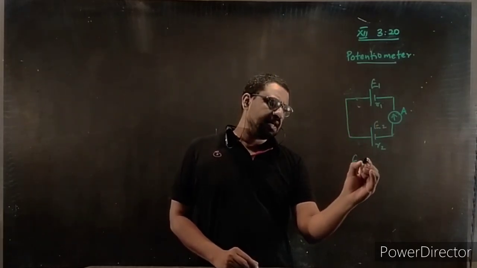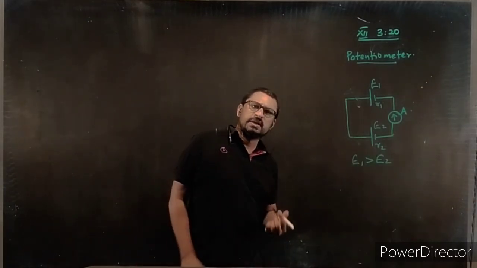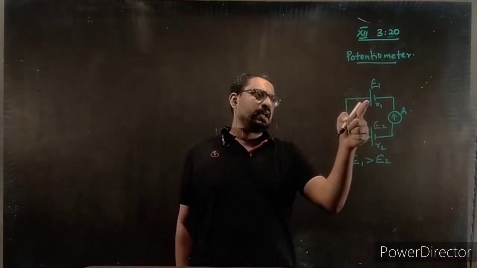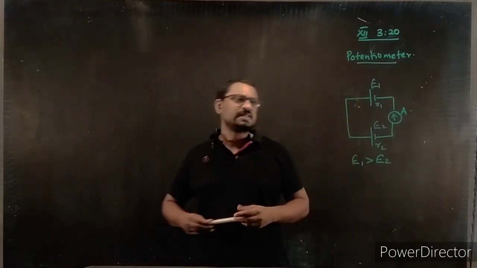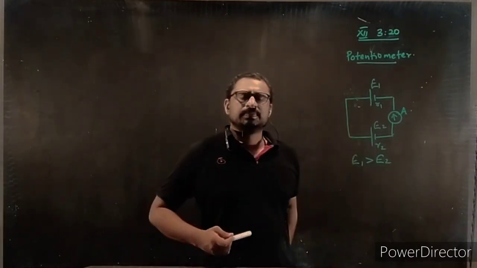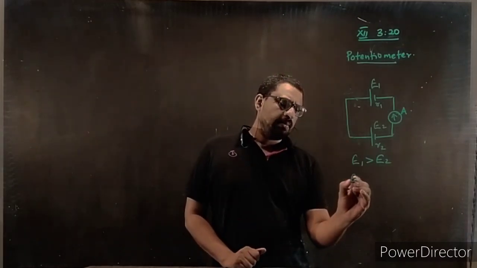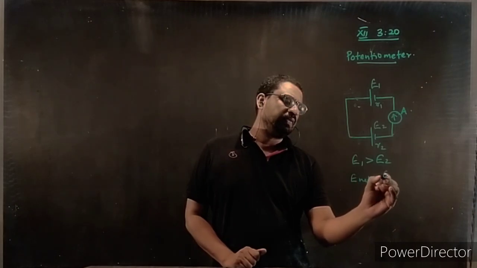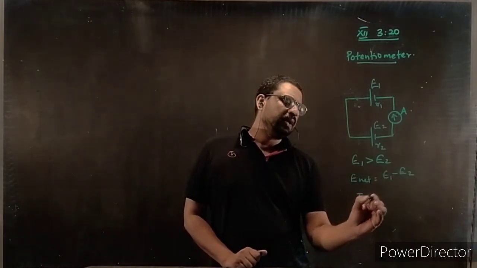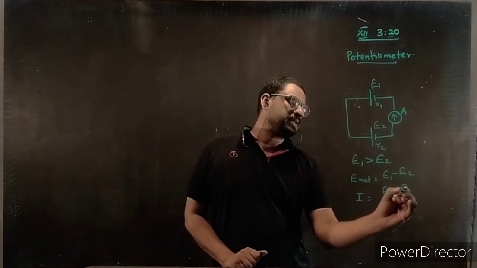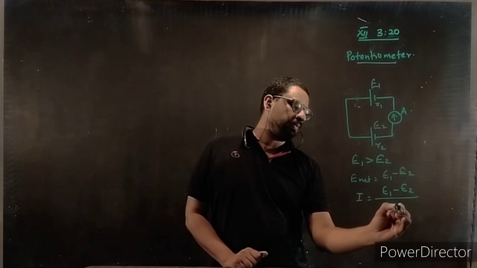If E1 is greater than E2, this cell will be dominating the other cell. So net EMF will be equal to E1 minus E2, and the current I will be equal to E1 minus E2 divided by the effective resistance R1 plus R2.